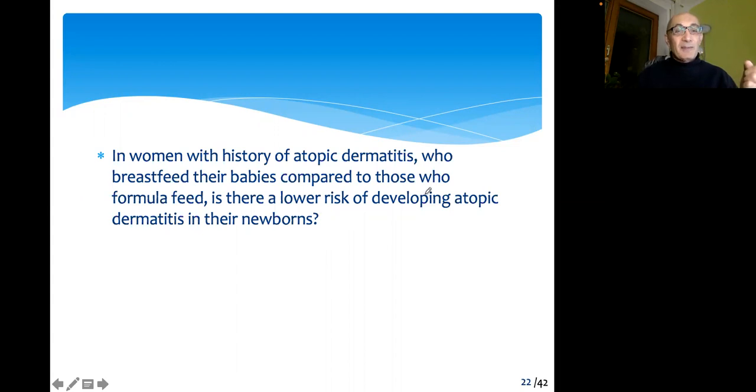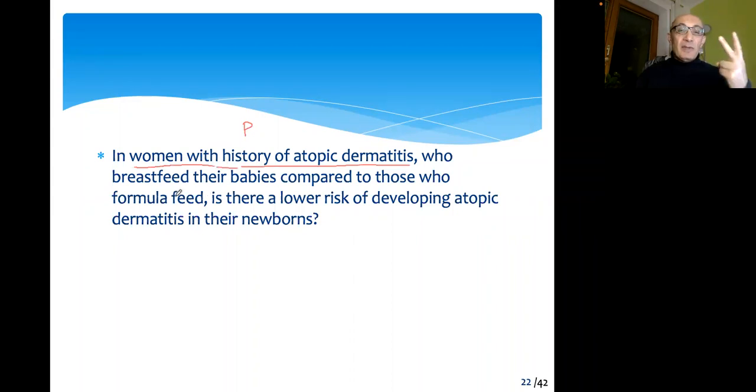So this time it will be very easy for you, I'm sure, to define the 4 components. P is what? Women with history of atopic dermatitis. This is our patient's problem.